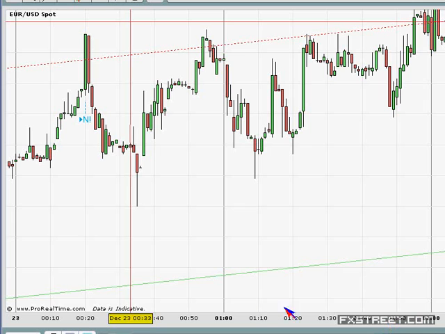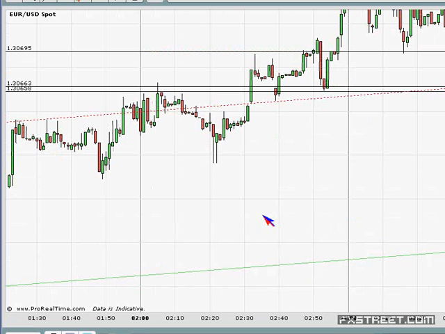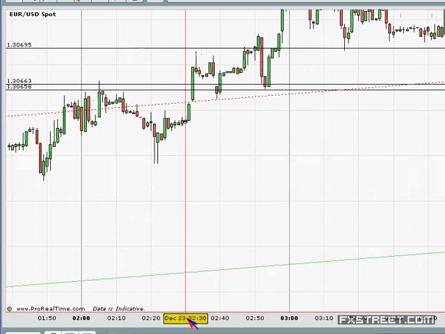Then it is 2 o'clock. So let me move the chart, then only you will be able to understand how they are making the moves in the market. When I move it, we come across 2:30 GMT and 3:30 GMT.